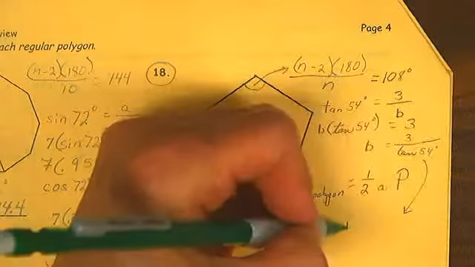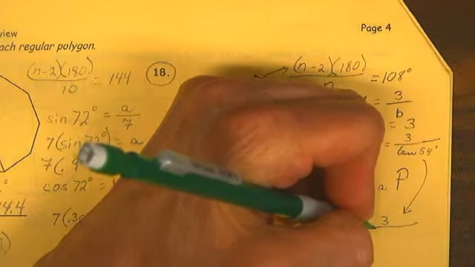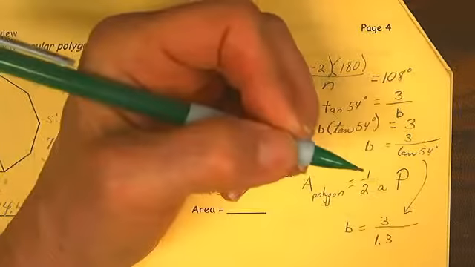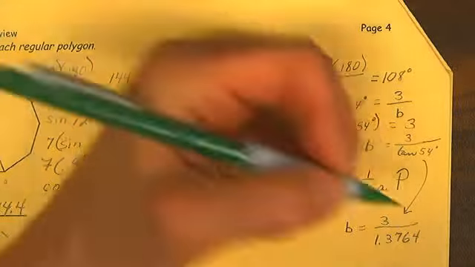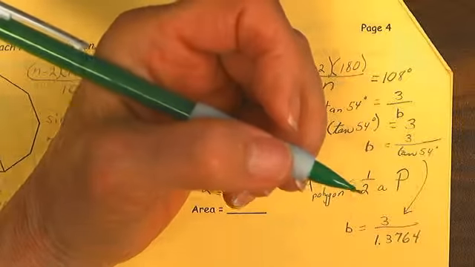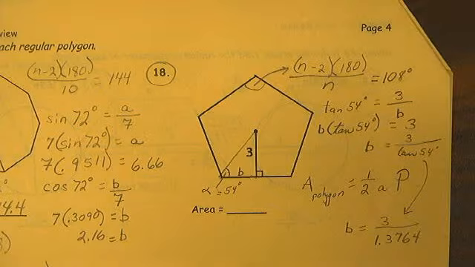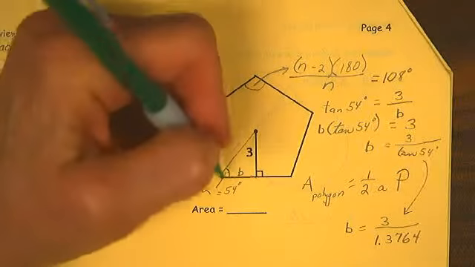So B is equal to 3 divided by 1.3764, which is equal to 2.18.